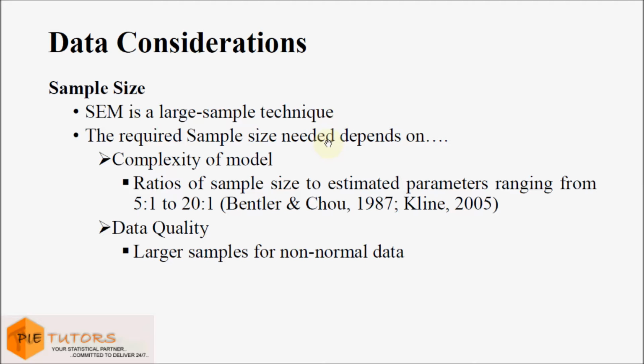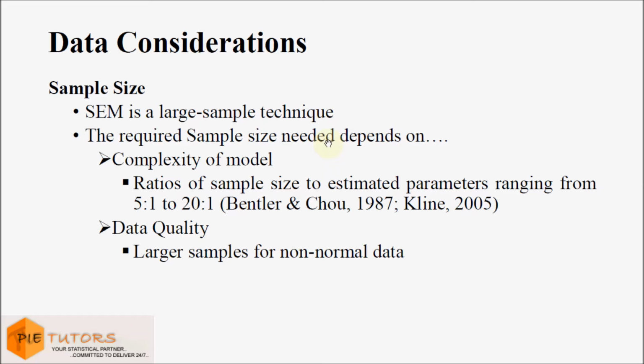Sample size is an important consideration before running SEM analysis. SEM analysis is a large-sample statistical technique. A large sample results in less sampling error when compared with small samples. In SEM, the sample size depends on two factors: the complexity of the model and the quality of data.